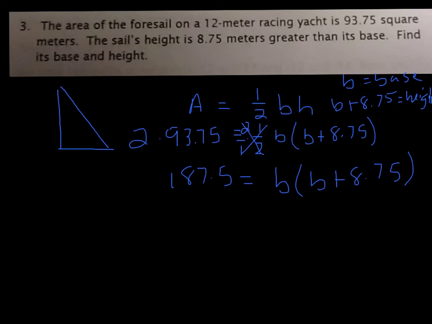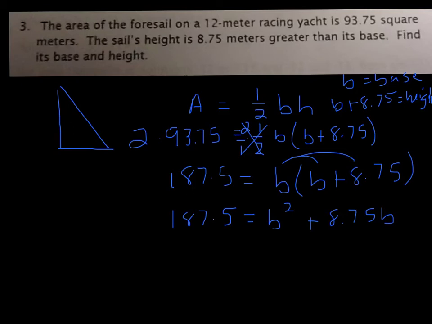Now our fraction is out of the way, because it would have been kind of confusing having fractions and decimals. Now the next part is to distribute your, sorry, distribute your b. We end up with b squared plus 8.75b.